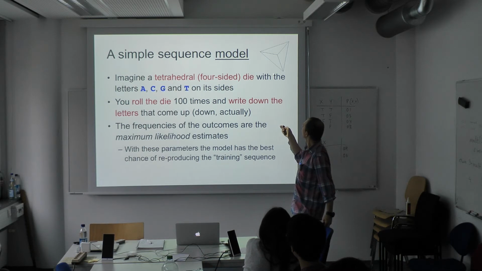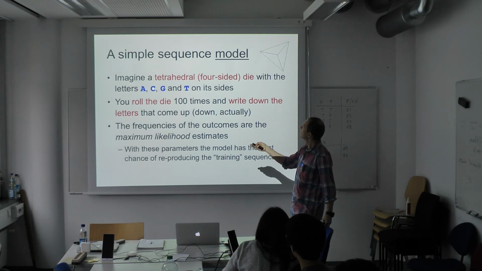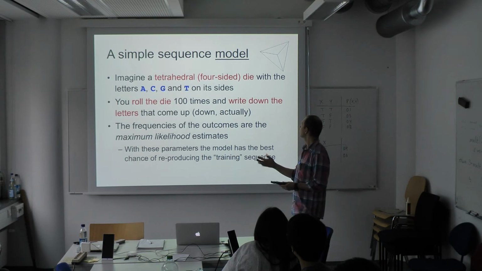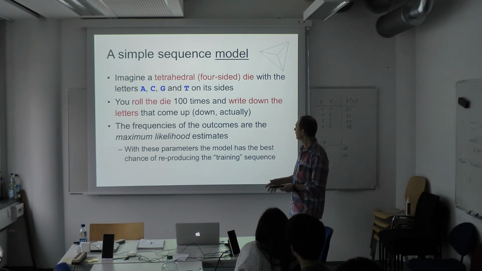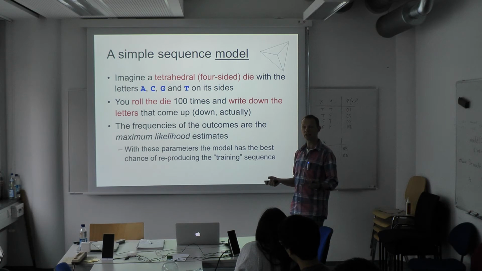On each of the sides, you'd find one of the four letters, A, C, G, or T. Now, if you roll this die 100 times and you write down the letters that come up, or down, because obviously this tetrahedral die will not show a letter on the top but at the bottom, you can find the frequencies of the outcomes, and these would be our maximum likelihood estimates.